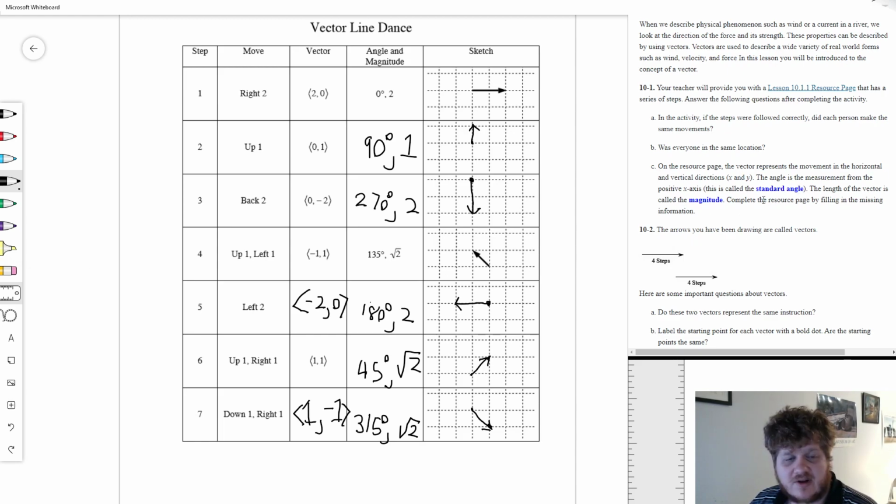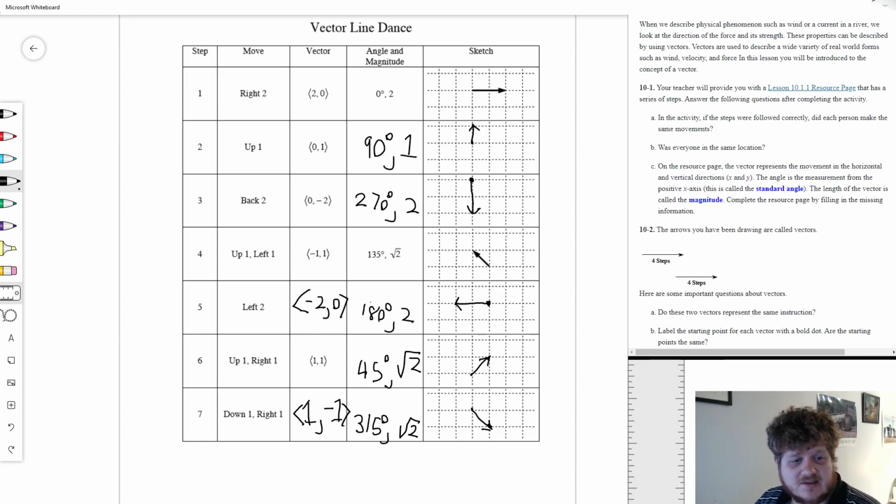We have our standard angles, which are the angles the same way we measure on the unit circle from above the x-axis. And then we have our magnitude, which is the length of our vector right here, which, if we have it on a diagonal, would be the hypotenuse of our displacement. So that would be the magnitude, thinking of triangles again.